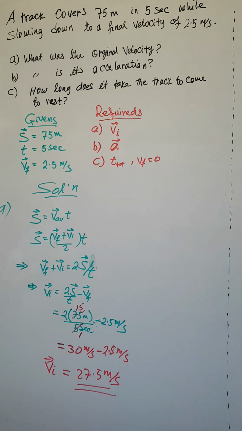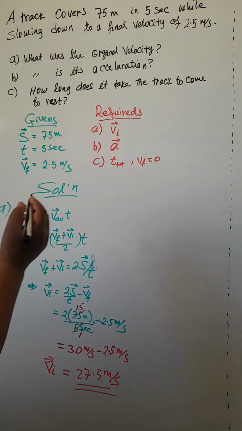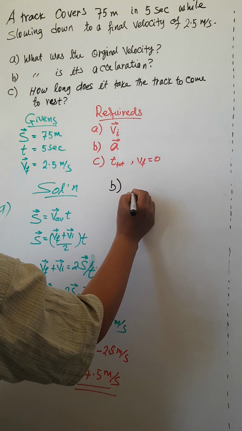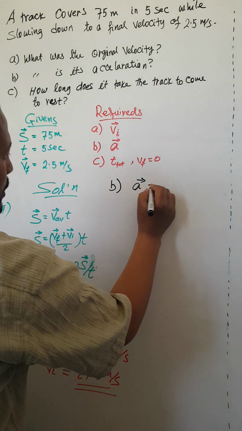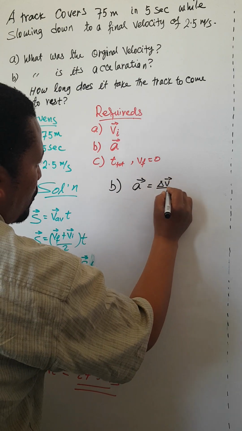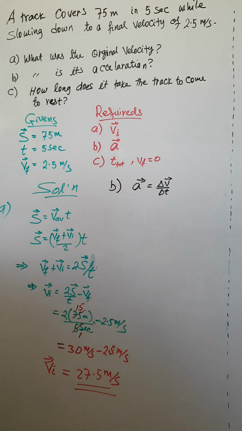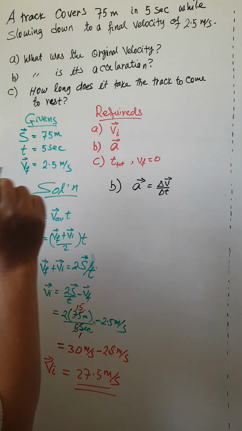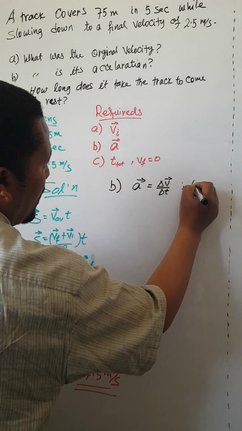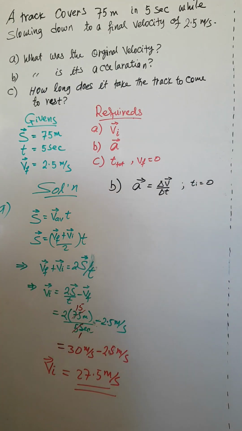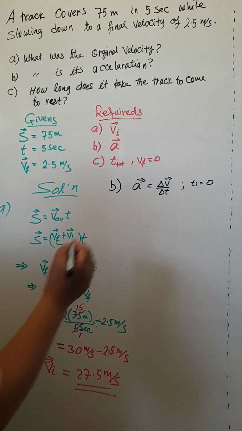Okay, let's see part B. In B, we are supposed to find the acceleration. We know that acceleration is the change in v over the change in t. The point at which the truck starts decelerating can be taken as 0 seconds, that is where the time starts counting.